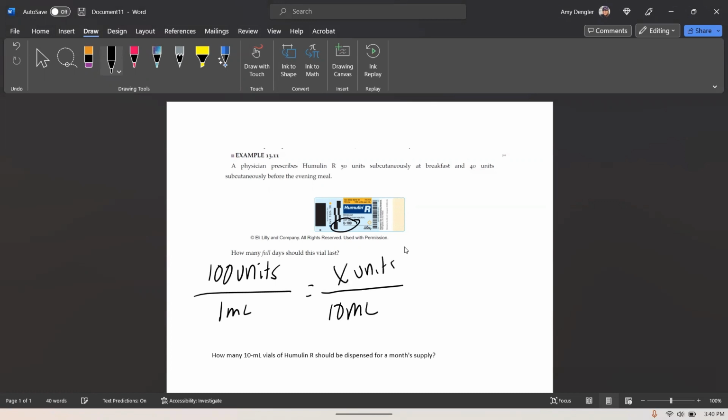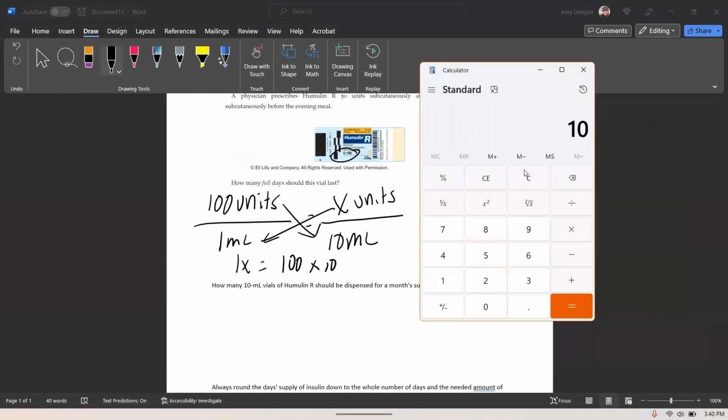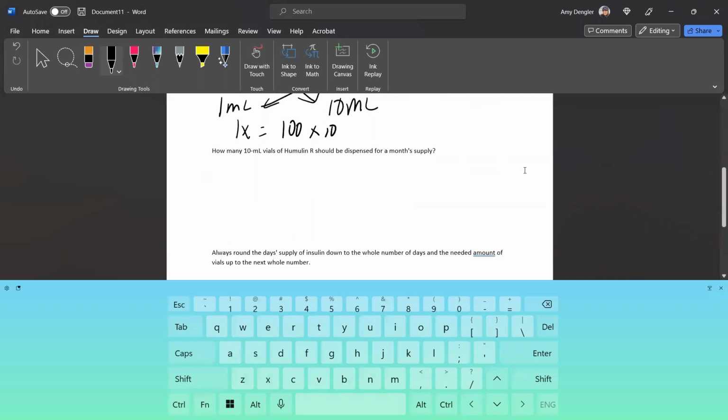So we want to find out how many units are in the bottle. So this is going to be 1x is equal to 100 times 10. So we'll take care of the 100 times 10 first, which is 1,000. And we don't have to get 1 alone because it's already alone.